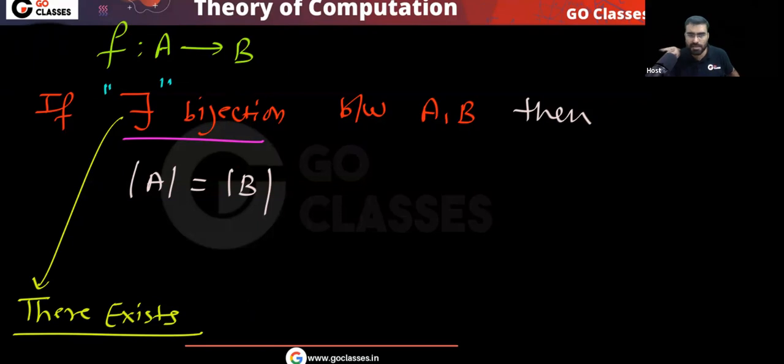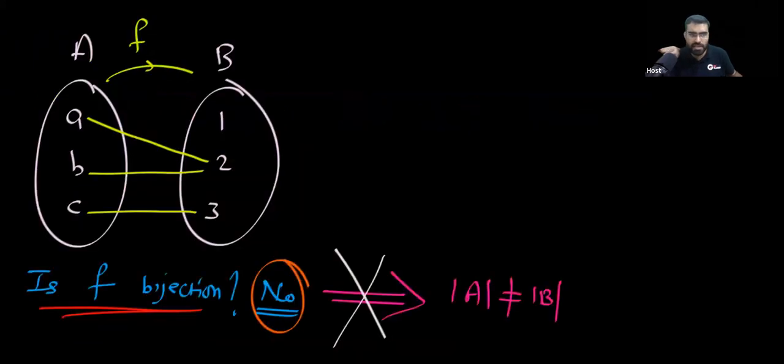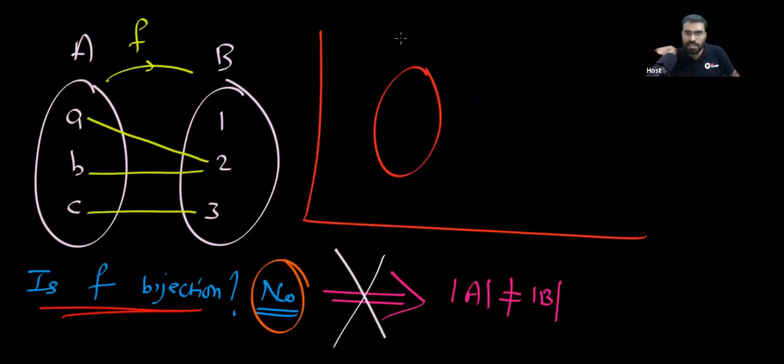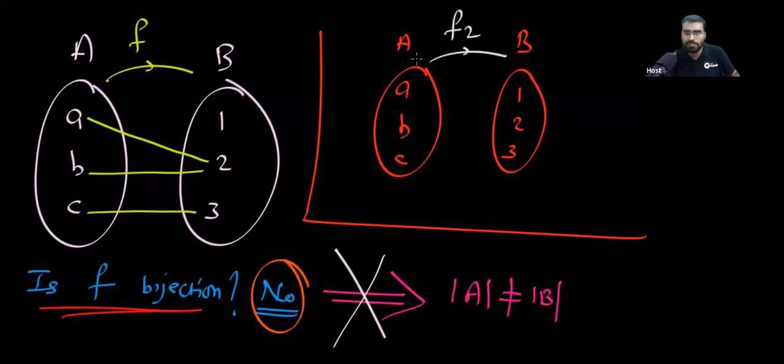So tell me, between these two sets, does there exist a bijection? Can you create a bijection between these two sets? Yes, of course you can create a bijection. For example, you can create this bijection.